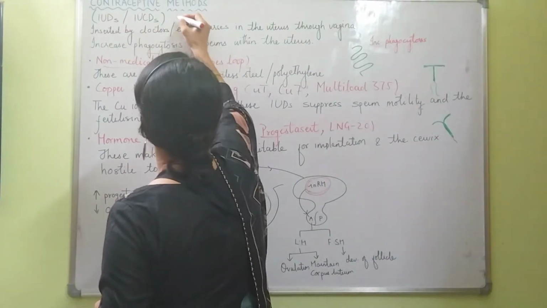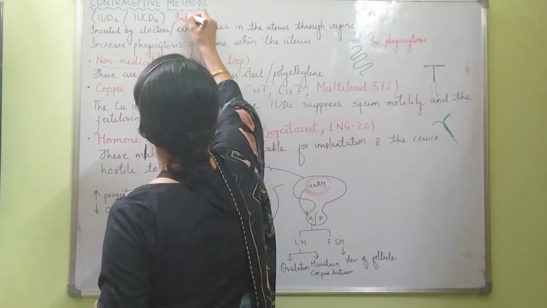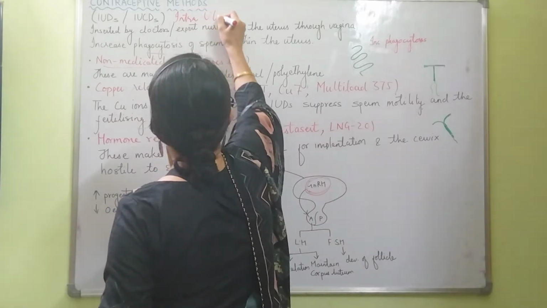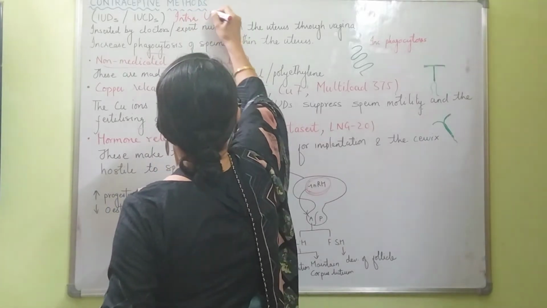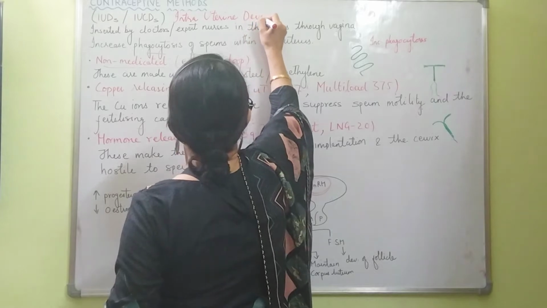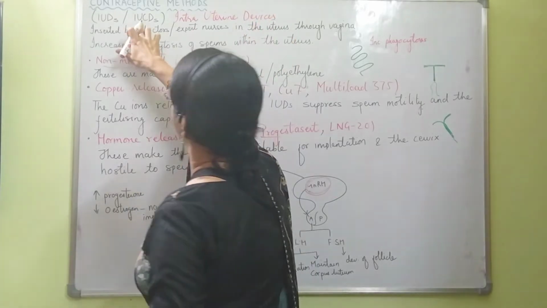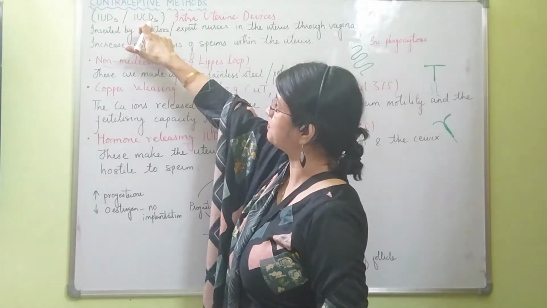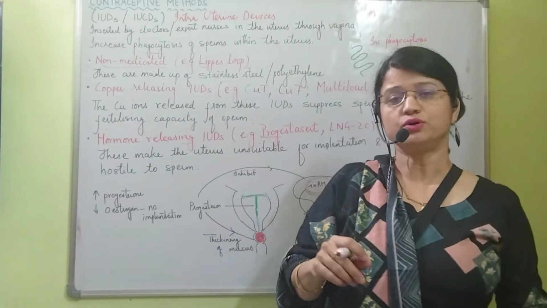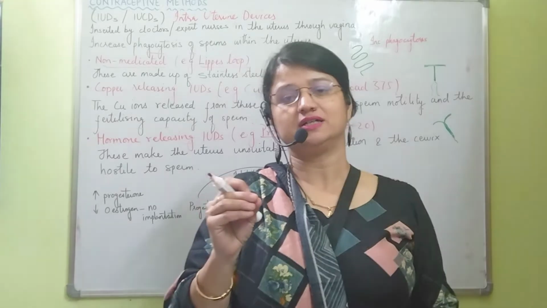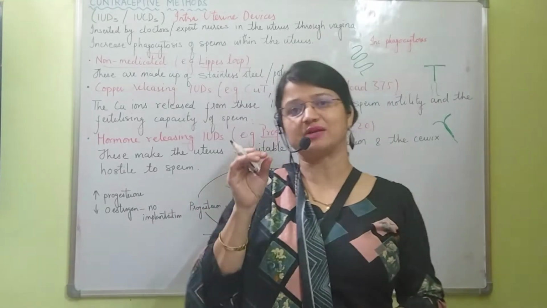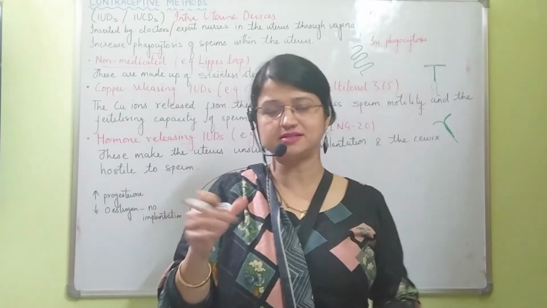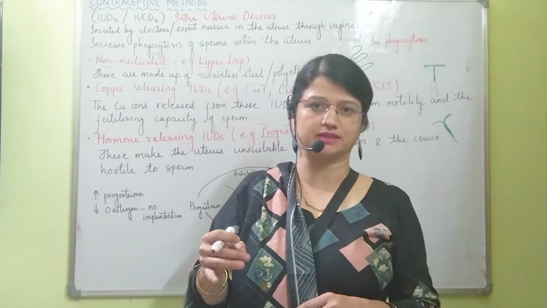IUD stands for intrauterine devices, and IUCDs, that is intrauterine contraceptive devices. We have studied that contraceptive methods can be classified into two categories, temporary method and permanent method.